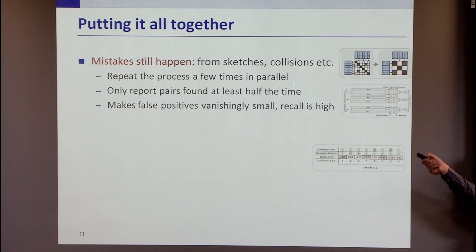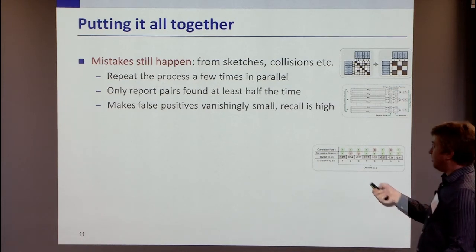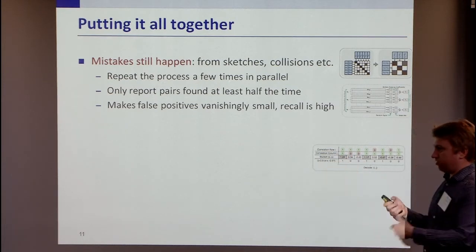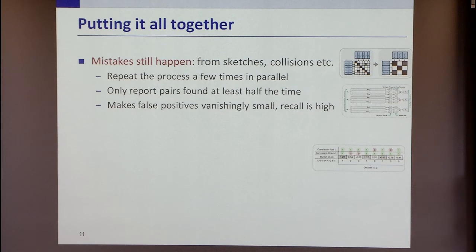You repeat the whole thing a few times in parallel with fresh randomness. And you say, not did I find something once, because maybe it's a false positive, but did I find it enough times? If I see something a lot, then I'm reasonably confident it's not a false positive, and I'm also reasonably confident that something that really is there I do see often enough that it will pass this test.